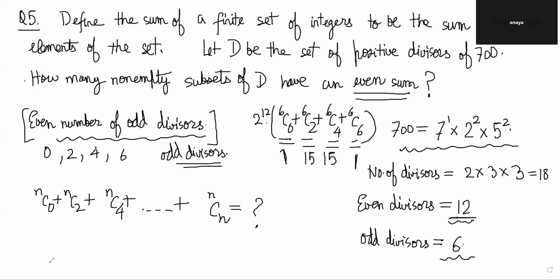What is the sum of the entire thing, one half of NC0 plus NC1 plus NC2 plus NC3 all the way to NCN?